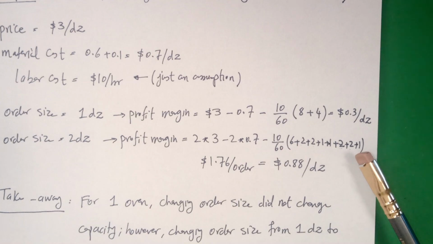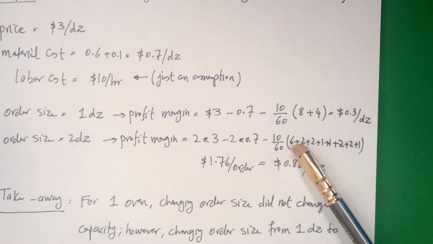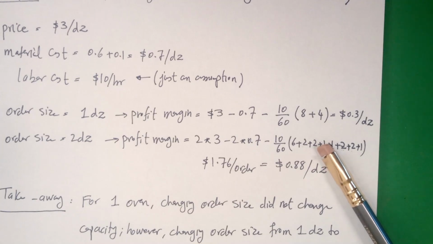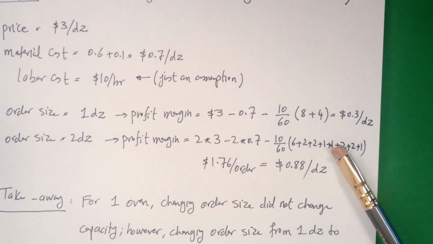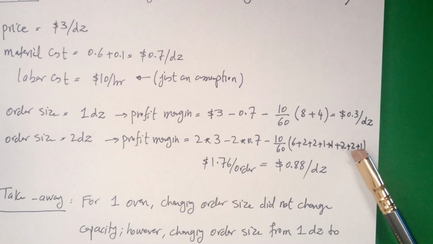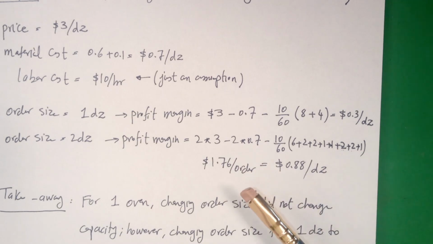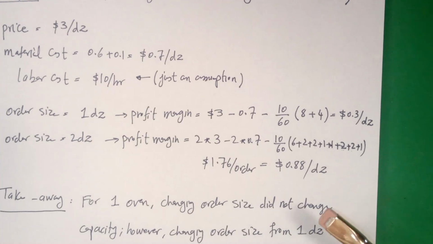Let's see what it is. 6 minutes for mixing, 2 minutes, 2 minutes for spooning, 1 minute, 1 minute for setting up the oven, 2 minutes, 2 minutes for packing the first and second dozen, and 1 minute finally for payment. That is going to bring my margin to $1.76 per order, which is 2 dozens. It means my profit margin per dozen is 88 cents, which is much bigger than when order size is equal to 1 dozen.